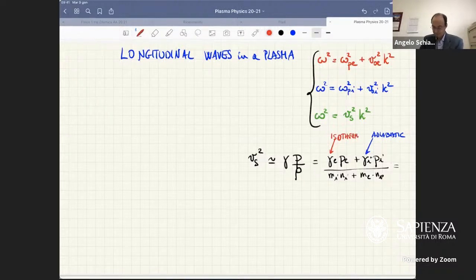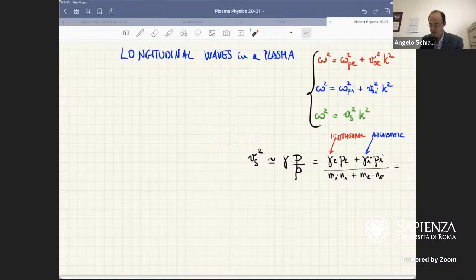If you remember, the adiabatic gamma index is Cp over Cv, and is 5/3 for ions and electrons, which can be represented just like monoatomic gases, and the corresponding polytropic, or isothermal, index corresponds to gamma equals 1 for isothermal transformation.